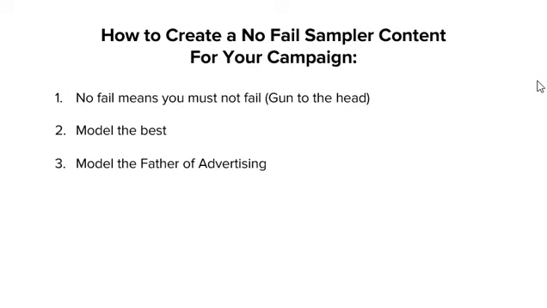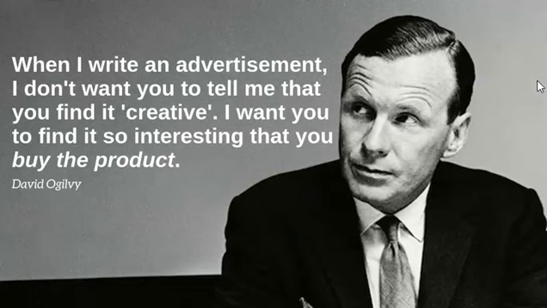And number 3, since this is about advertising, the best person we can model after is the person that is known to be the father of advertising. And this father of advertising is a man known as David Ogilvy. He is now late, but when this man was alive and when he was active, this man created campaigns that brought in billions of dollars for the various products they were promoting for their clients.